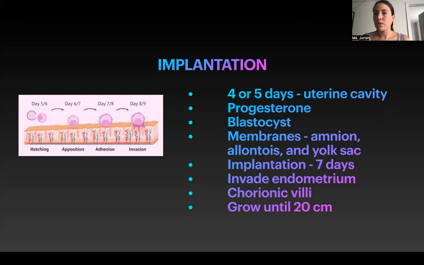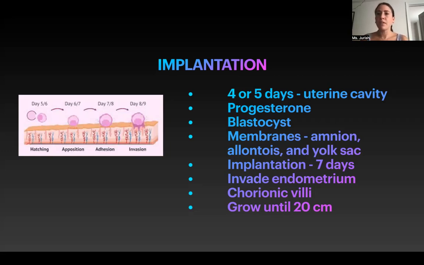We have the amnion, which secretes amniotic fluid, where the embryo floats. Then the allantois, I'm not 100% sure how to pronounce that, which becomes part of the umbilical cord that links the embryo to the mother. And then there's the yolk sac, which degenerates early in human development.